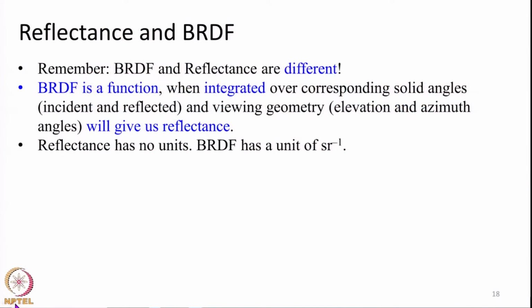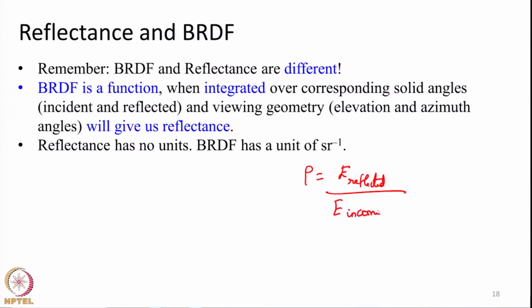Just remember one thing, at this stage it is very easy to get confused between BRDF and reflectance, but they are entirely different, they are not one and the same. Just look at the definition of these quantities. Reflectance is defined as E reflected divided by E incoming.